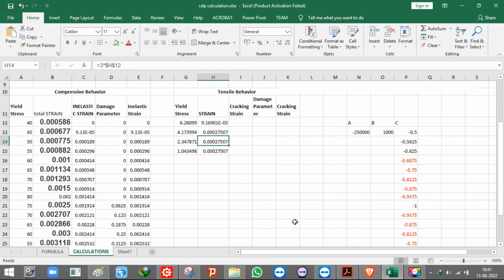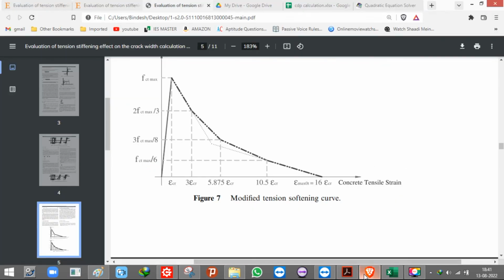Now just correct it. It will be 5.875, this one, because epsilon CR we have already calculated. 5.875 is for 3/8 FCT max.